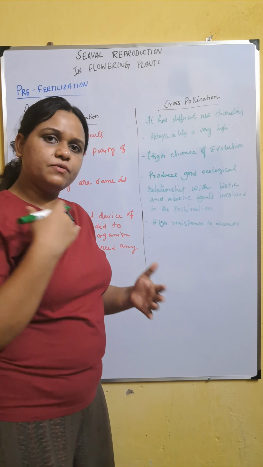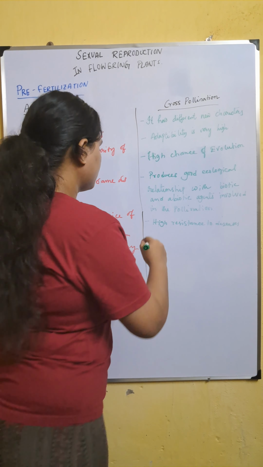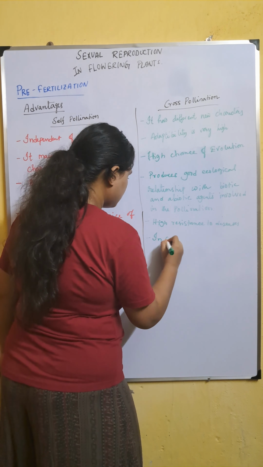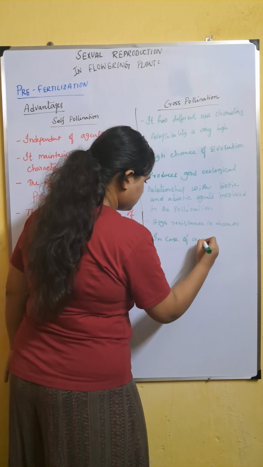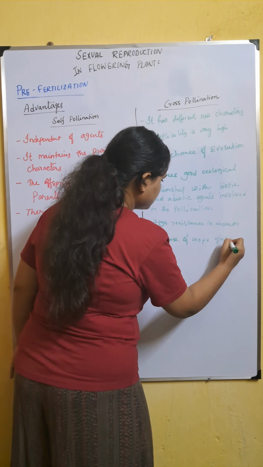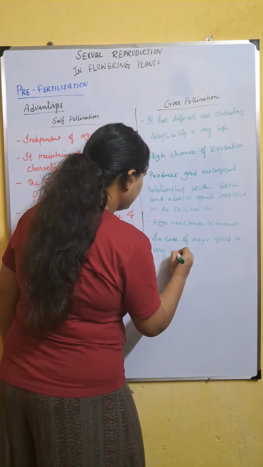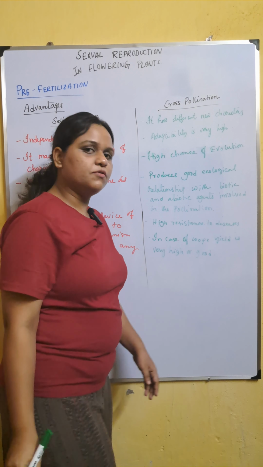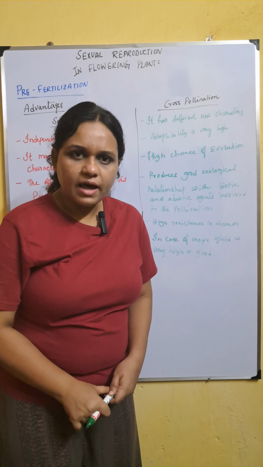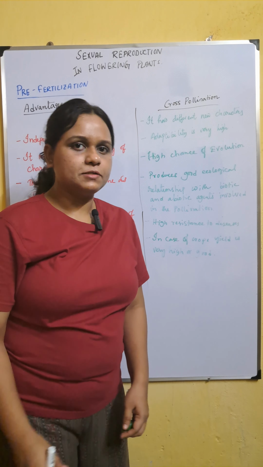Crop yield is very high or good. So you will never be deprived when there is cross-pollination in plants.